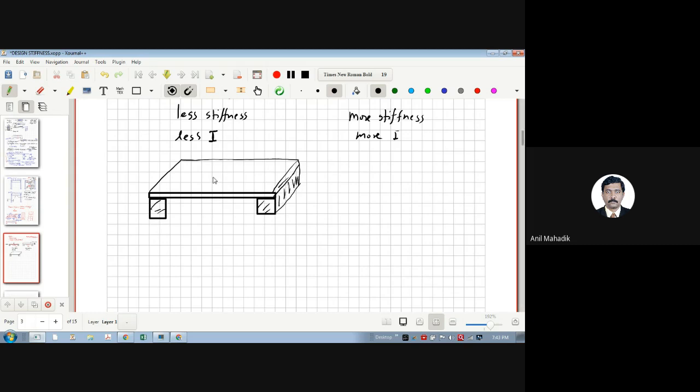So this is your support, and this is your steel plate, a thin sheet. The thickness is hardly 1 mm, okay, 1 or 2 mm.